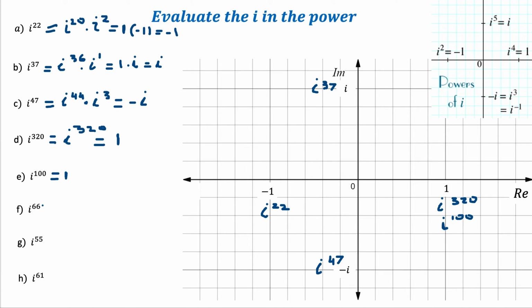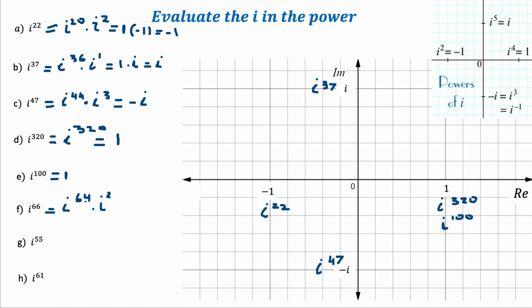So now we are looking at i to the 66. 66 is not divisible by 4, 65 is not, but 64 is divisible by 4. And now what do we have here? We have i to the exponent 2.